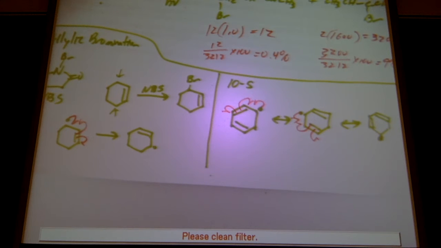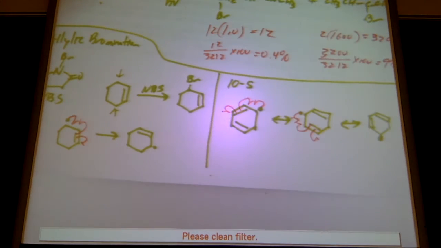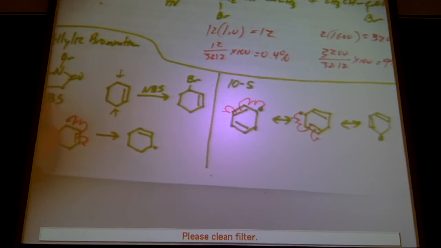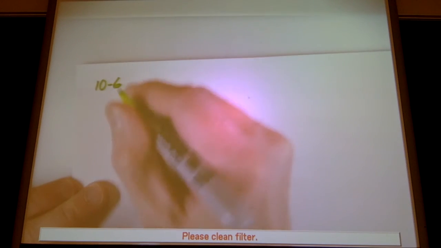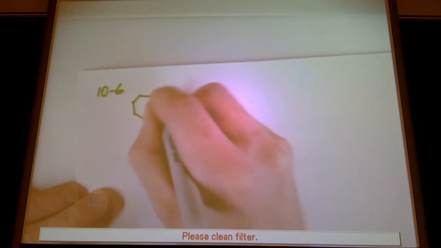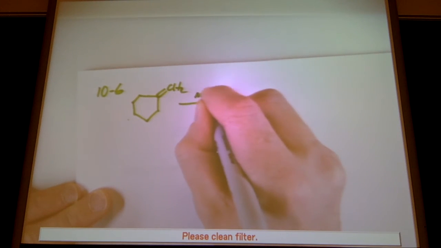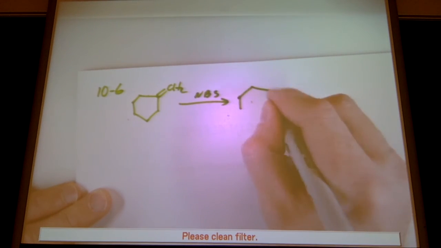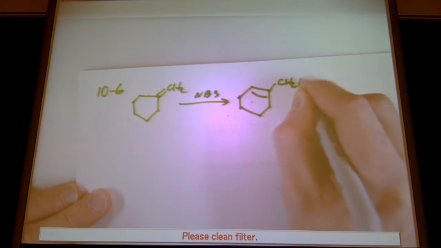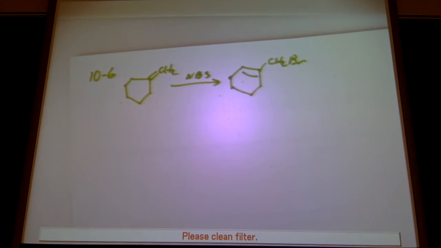Look at 10-6. It says a major product of the reaction of methylenecyclohexane with N-bromosuccinimide is 1-bromomethylcyclohexene.